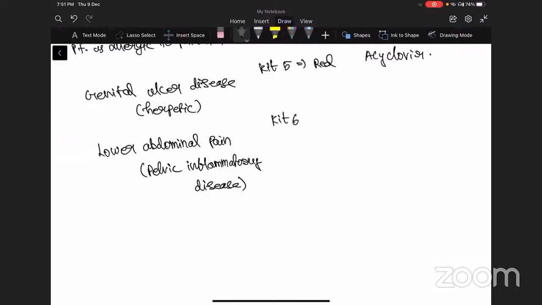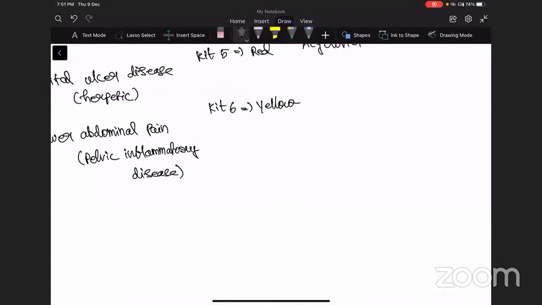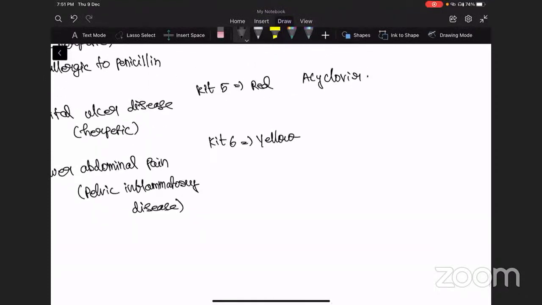The color is yellow, very important, and the drugs included here are cefixime and metronidazole, also doxycycline.